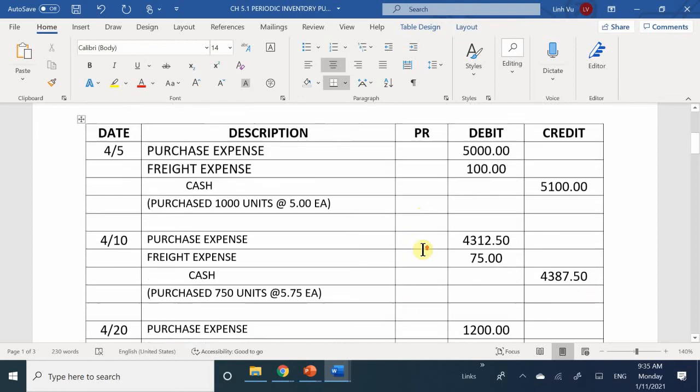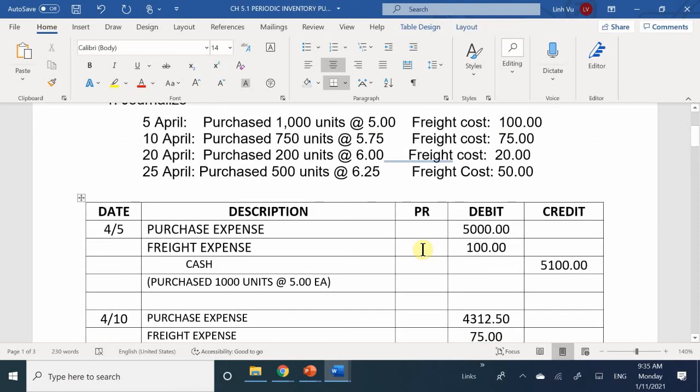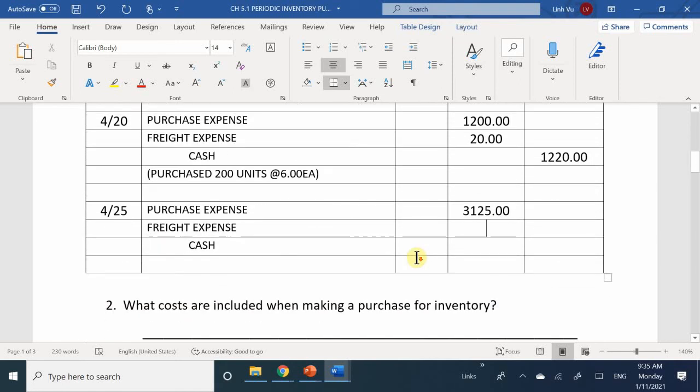I'll go up. There you go. $50. Good. Bringing my grand total to be 3175. Okay. And again, I'm going to enter in my description here as purchased $6.25 each.